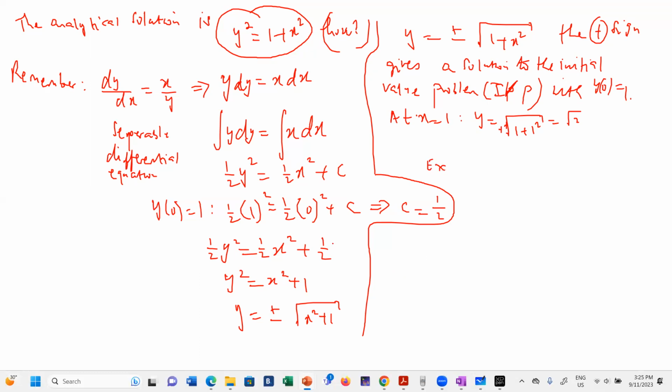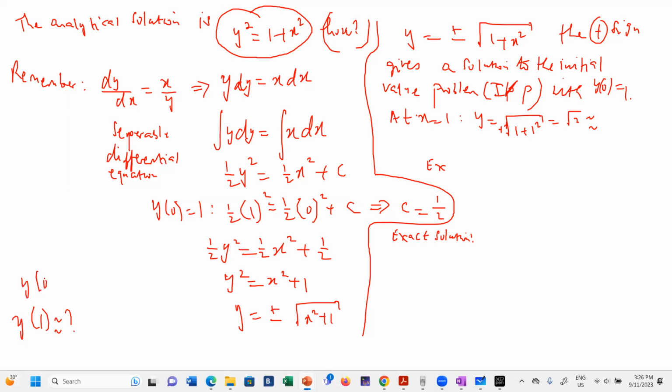Okay, so we're going to draw a table. And then you have the exact solution. Right, so we can see the exact solution is the square root of 2, evaluated at 1. What is the exact solution? Because we want to give an estimate. We're asking the question, what is y at 1?